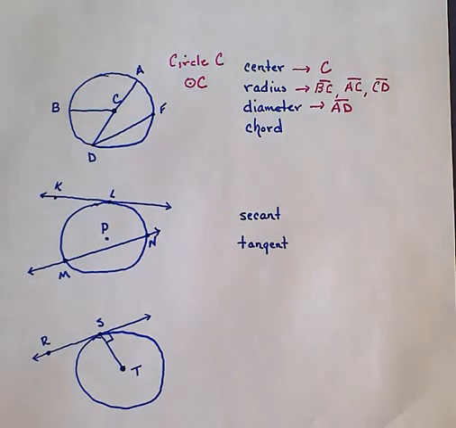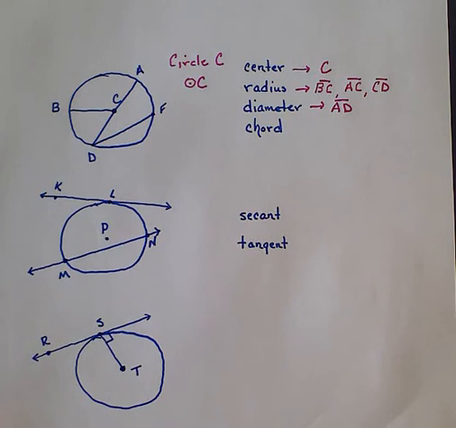In contrast to that, we also have what's called a chord. A chord reaches from circle to circle, but does not have to pass through the center. It could. A diameter is an example of a chord, but all chords are not diameters.